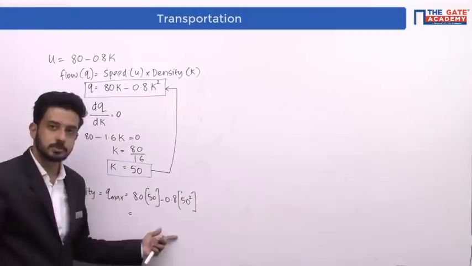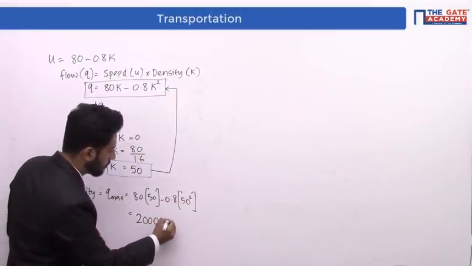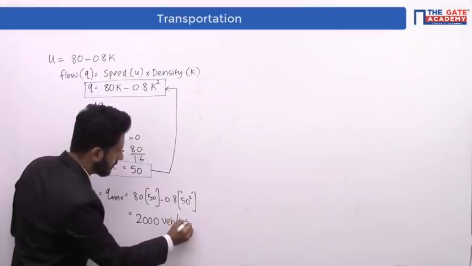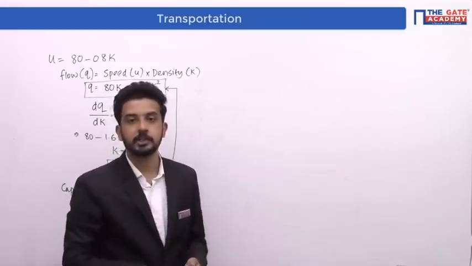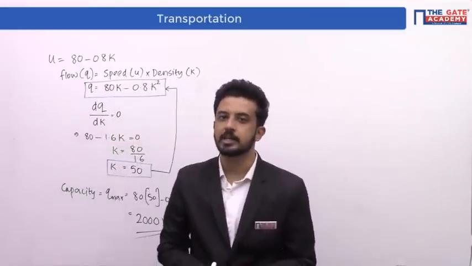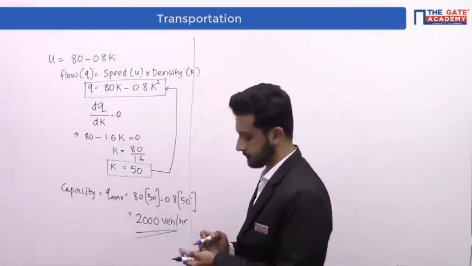If you substitute, you will get 2000 vehicles per hour. So which is the correct option? Option D will be the correct answer. So this is one way of doing the question.